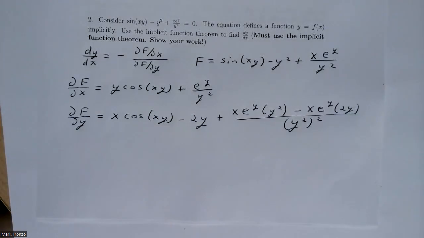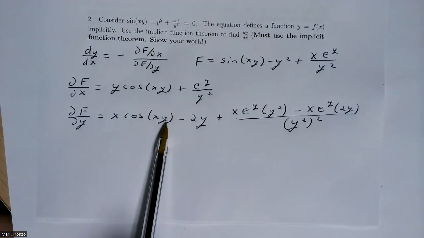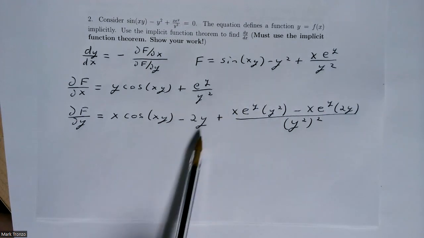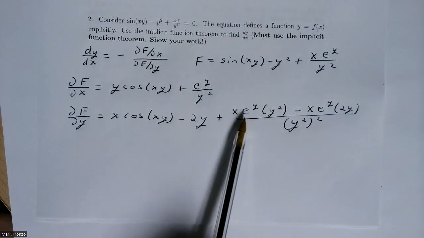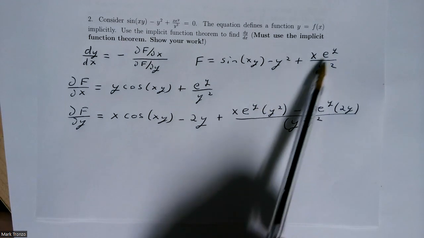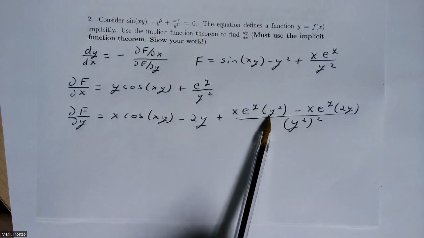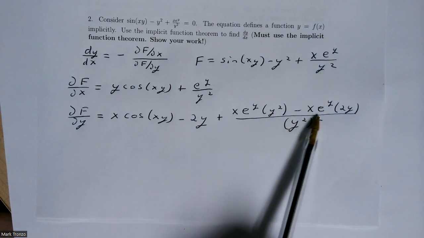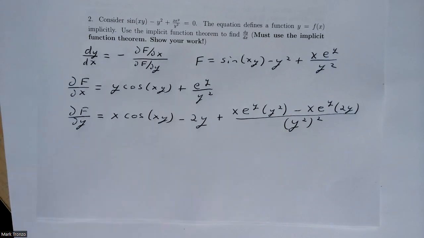Like this. So again, since we're taking the derivative with respect to y this time, we had x cos xy minus 2y. Derivative here: the derivative of x e to the y with respect to y is just going to be x e to the y. Denominator, numerator times derivative of the denominator, all that squared.